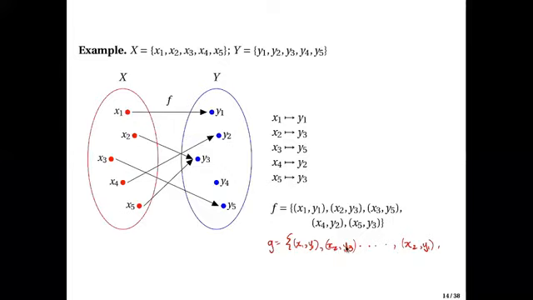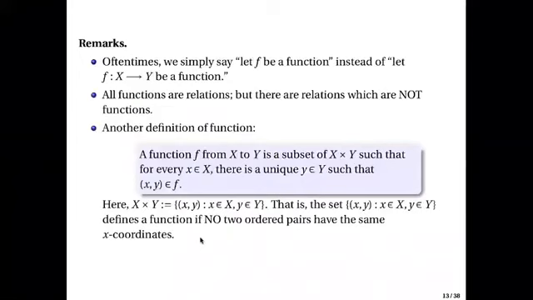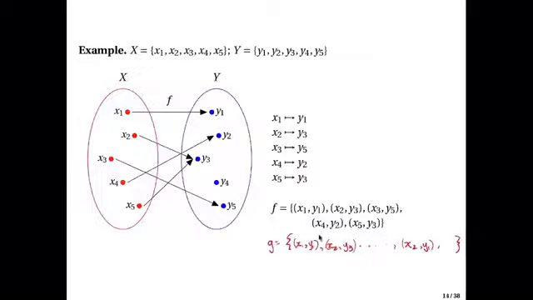So we have two ordered pairs which have the same x coordinate. So again, not a function, if we base our definition on the alternative definition stated earlier. A set defines a function if no two ordered pairs have the same x coordinates. So this relation is not a function. You have x2 here and you also have x2 here.